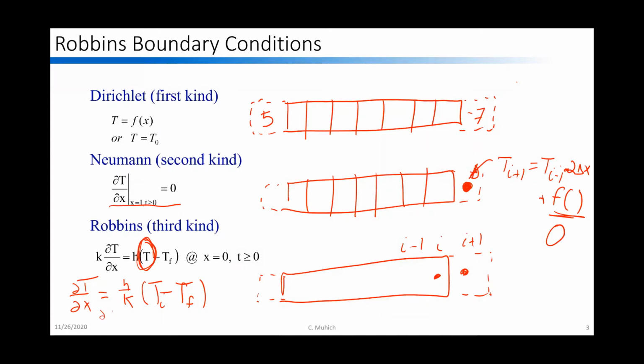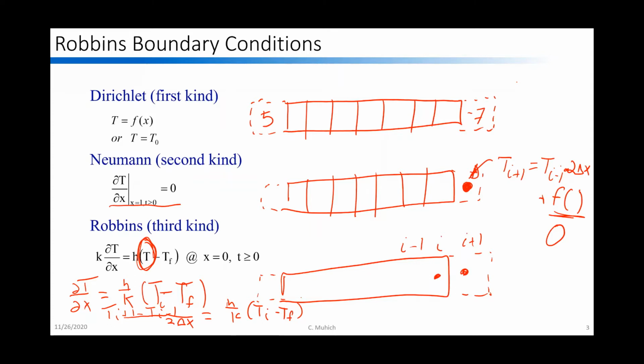So this is (T_(i+1) minus T_(i-1)) over 2 delta x equals h over k times (T_i minus T_f).